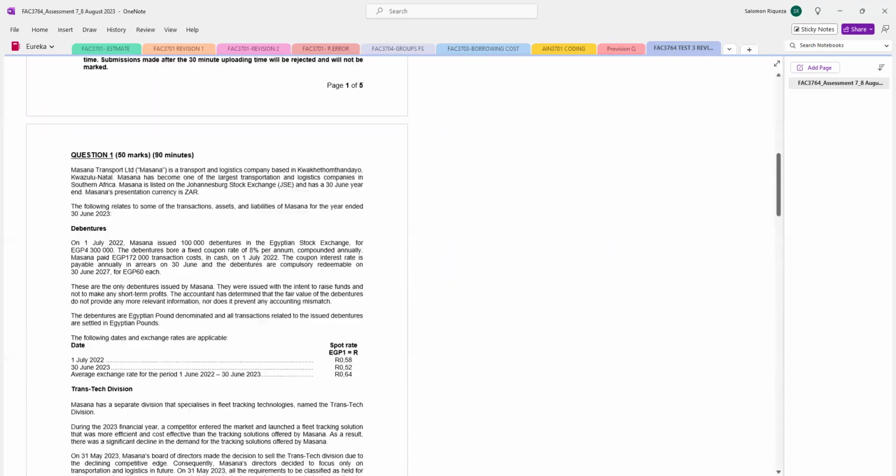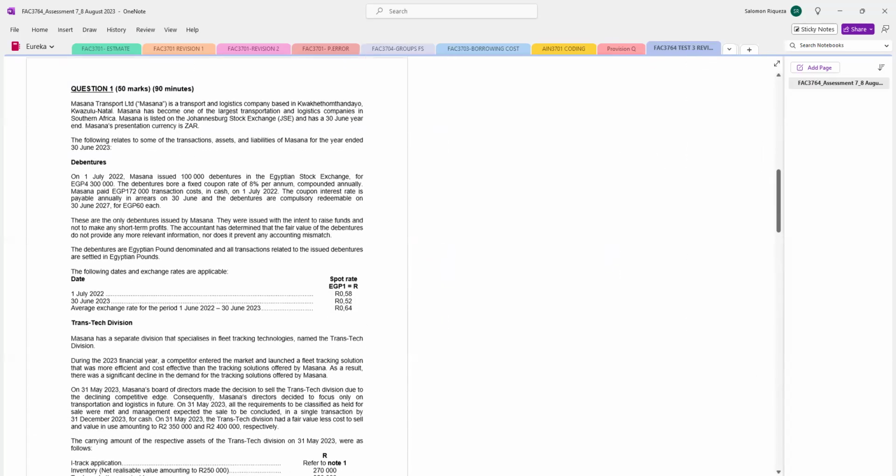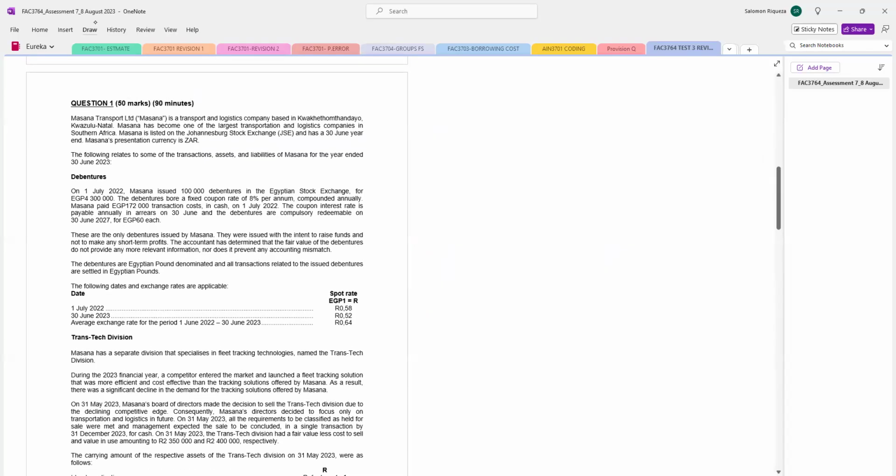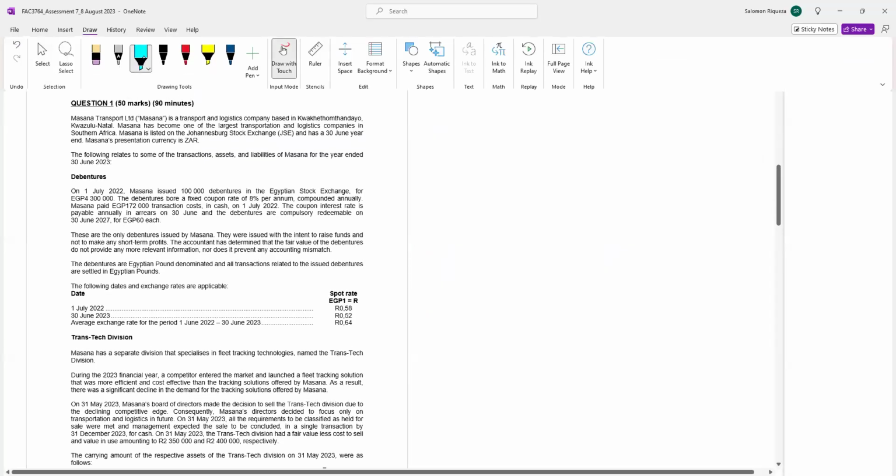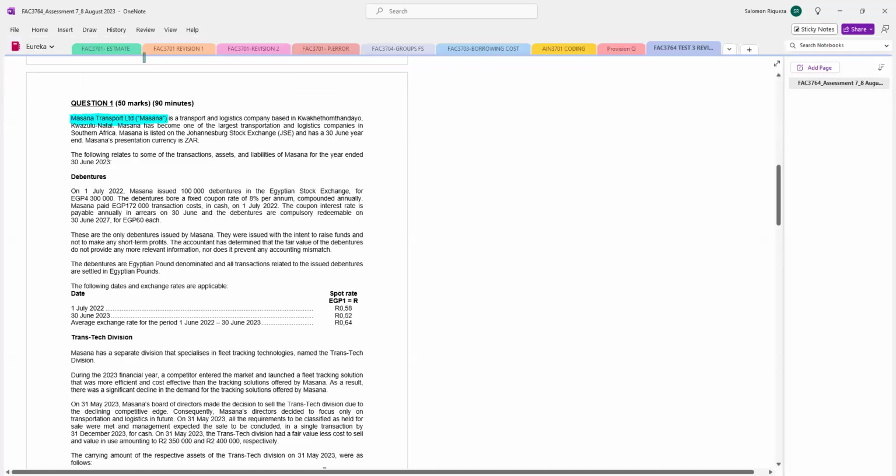So I'm going to go to my question where it talks about debentures. But before that, it's always good to understand the background or the nature of the business you're dealing with. What is this company all about? What do they do? How does it come in with everything else? So, Masana Transport Limited, that's the name of the company. Very important. Whenever they mention this, I should know that this is the company I am working with.